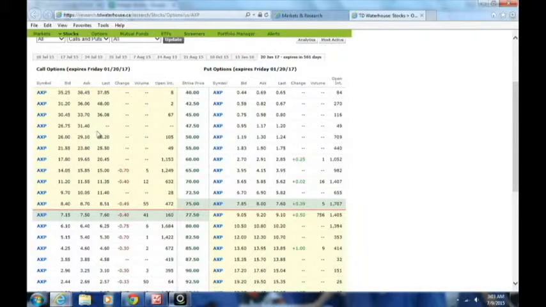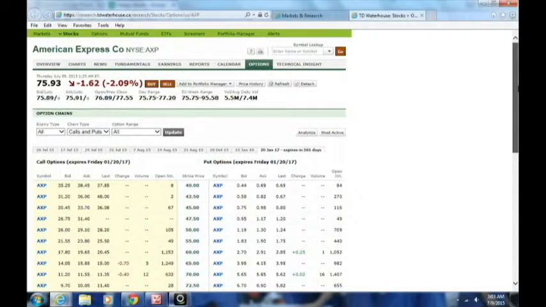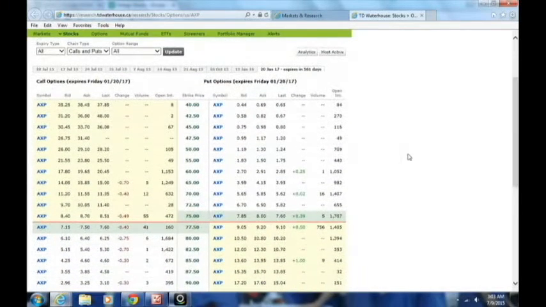So deep in the money, all the way up to a little closer to the current price. And then I'm going to sell one that's out of the money. So current stock price, again, 75.93. So I'm going to buy something in these lower levels and sell in these higher levels out of the money.